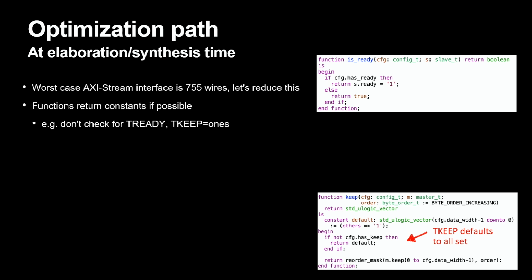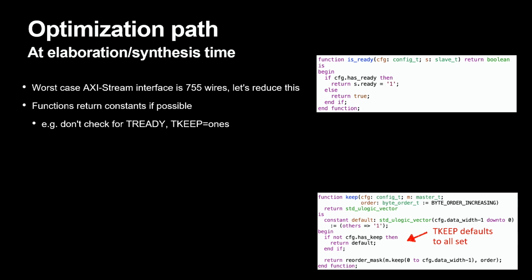Keep in AXI stream is a way to do sparse streams, like to have streams where you have, let's say, 4 bytes width, but sometimes you send in one cycle only 3 significant bytes. By default, if you do not enable this feature, all the bytes are significant, so it's all ones by default.